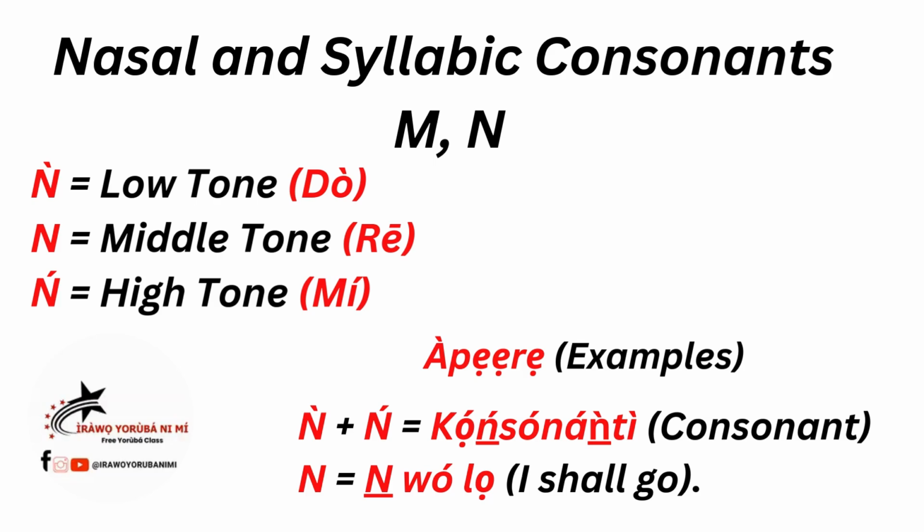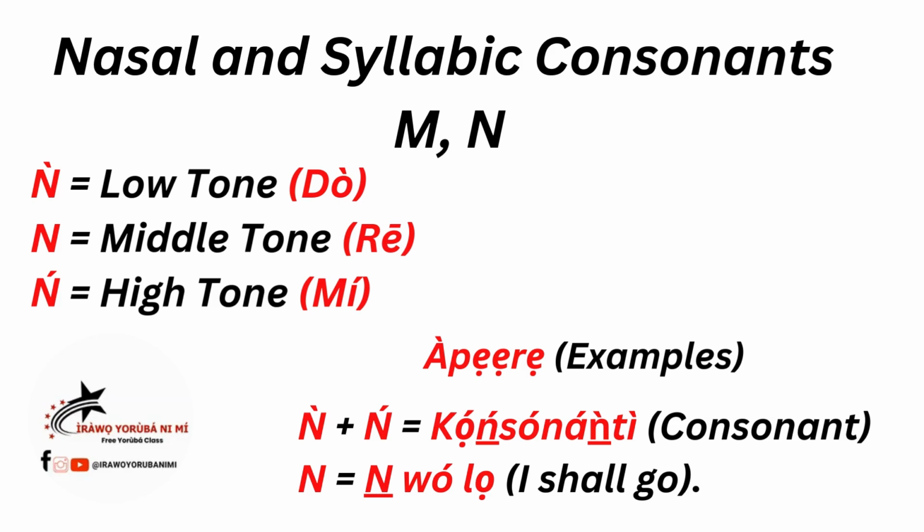Nasal and syllabic consonants. These are mi and ni. On the previous slide, I analyzed the consonant mi. Now I will analyze the consonant ni. On your left-hand side, we can see the consonant ni in three places.